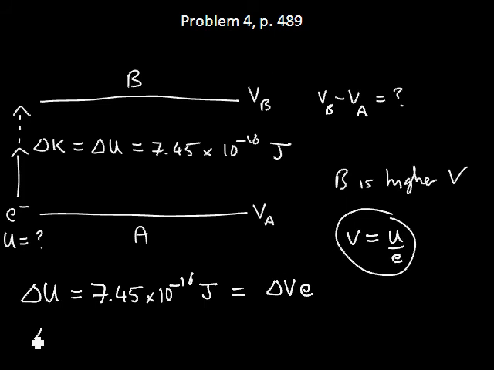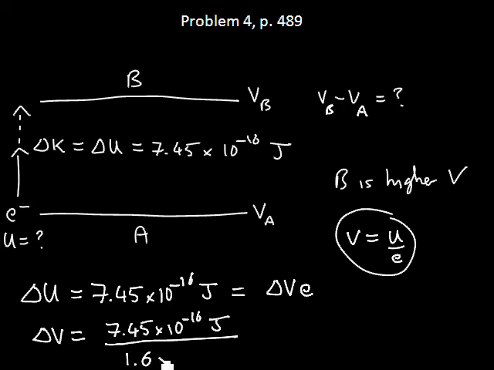So the difference in potential is the energy, 7.45 times 10 to the minus 16 joules, divided by the charge. It's an electron, so it has one charge, and the charge on the electron, you can look this up on your data sheet, is 1.6 times 10 to the minus 19 coulombs.